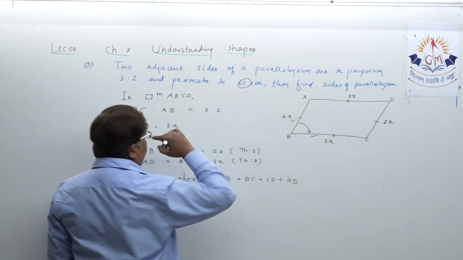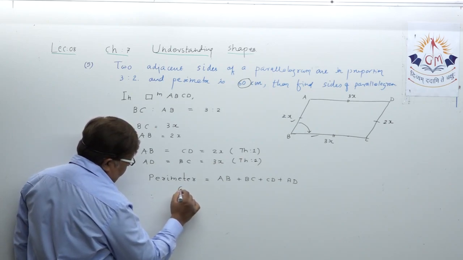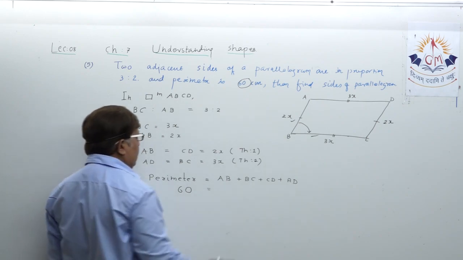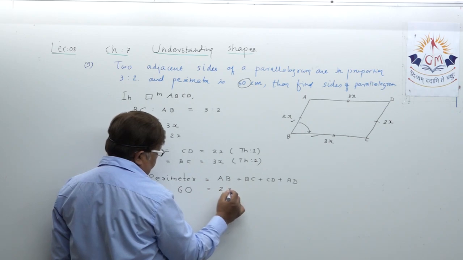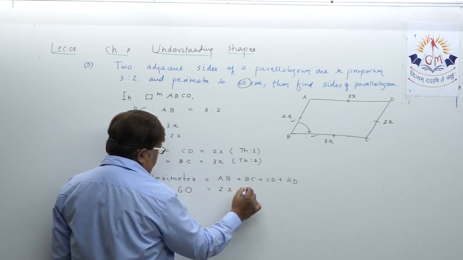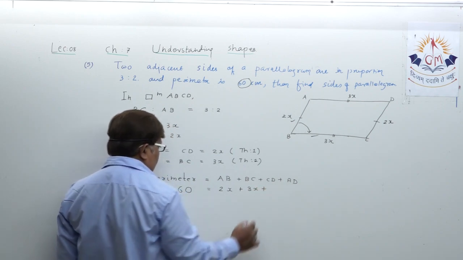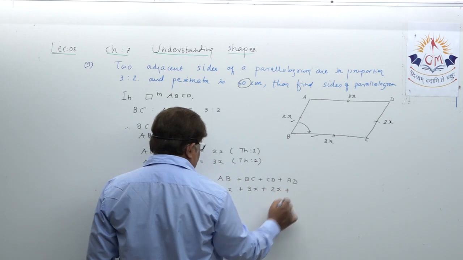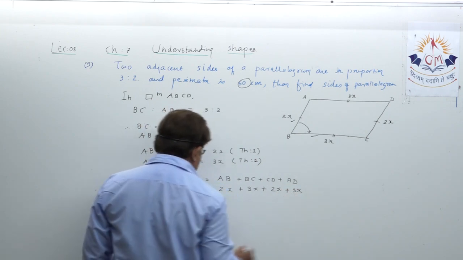Perimeter has been given 60. So write here 60 equal to, what is AB? 2x. What is BC? 3x. What is CD? 2x. What is AD? 3x.